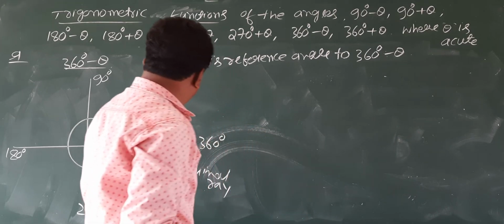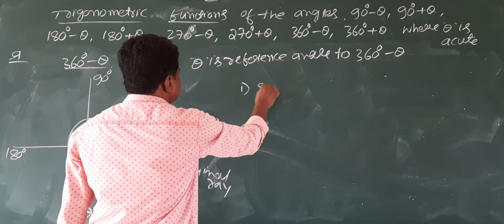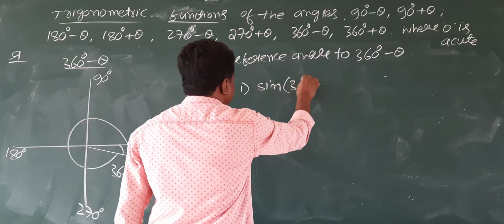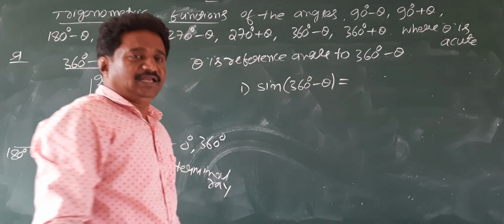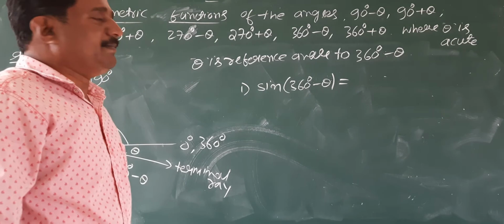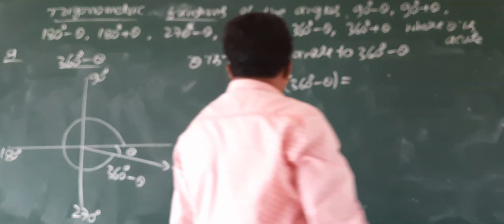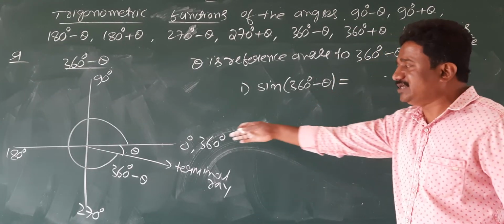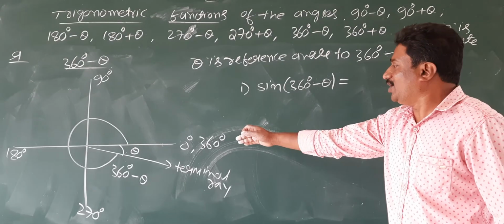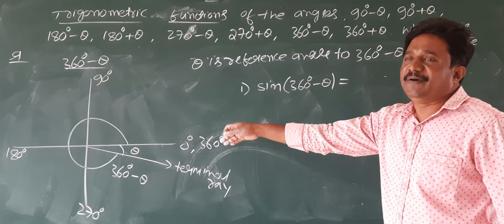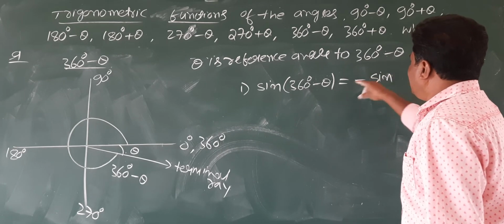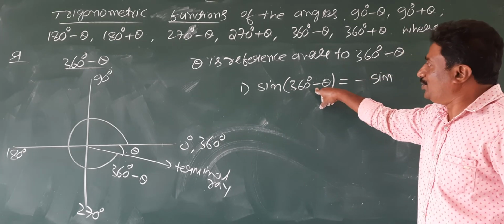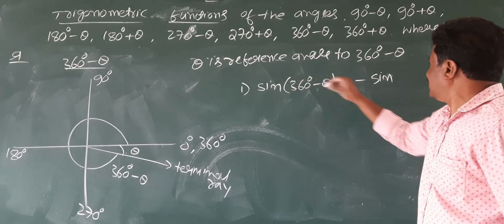Now you go one by one. First one, sine 360 degree minus theta. Which quadrant is that? Fourth. In the fourth quadrant, cos is positive, sine must be negative. Tell me the angle related to 360 minus theta.